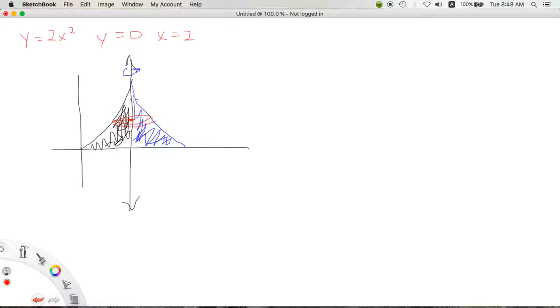So what are we doing? Well, we're doing y, so we're going to have dy, which means we need this in terms of y. So our y values are going from 0. We said this was at the point 2, 8. So we're going from 0 to 8 of pi r squared.